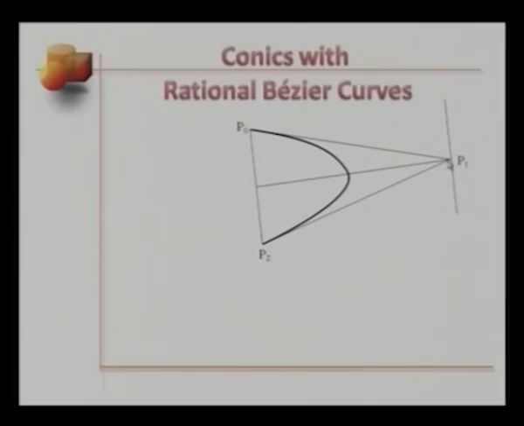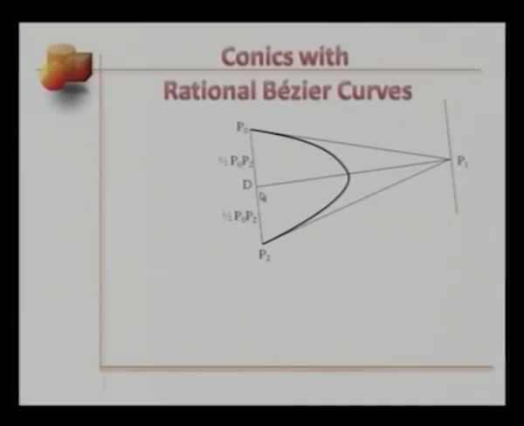And from P1, let me draw a line that intersects P0, P2 at point D. Point D is the midpoint of the segment P0, P2. In other words, P0D is half of the distance P0, P2, and likewise D, P2 is half the distance P0, P2.